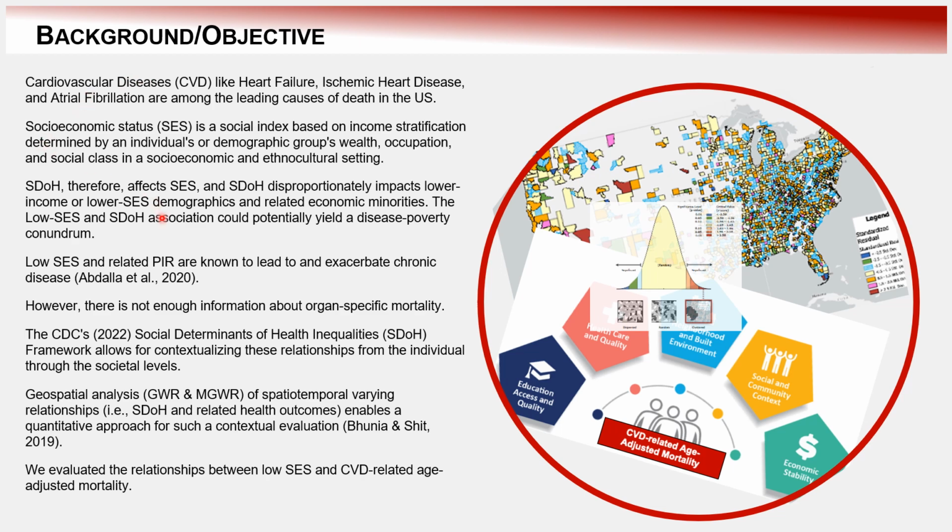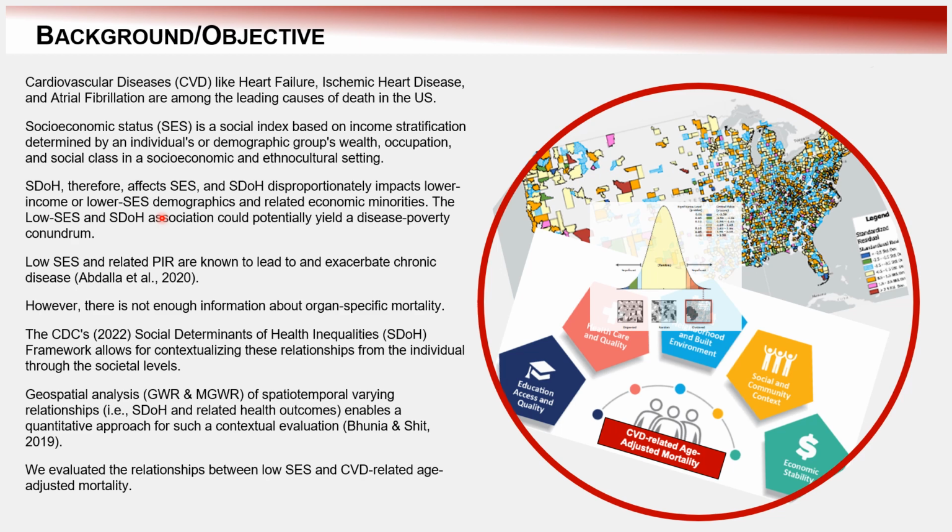Cardiovascular diseases like heart failure, ischemic heart disease, and atrial fibrillation are among the leading causes of death in the United States. To this effect, socioeconomic status is a social index based on the income stratification determined by either an individual or a demographic group's wealth, occupation, and social class in a socioeconomic and ethnocultural setting.